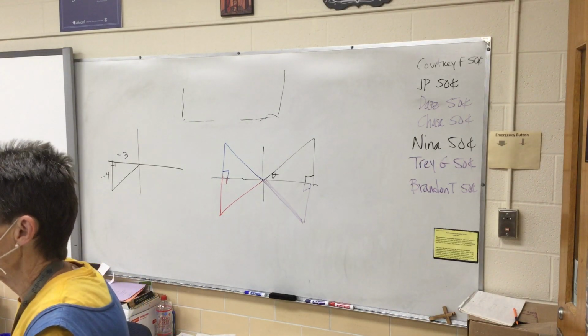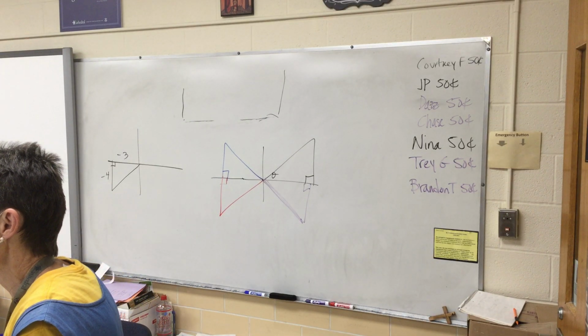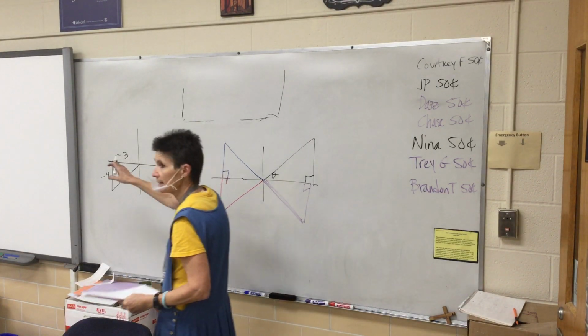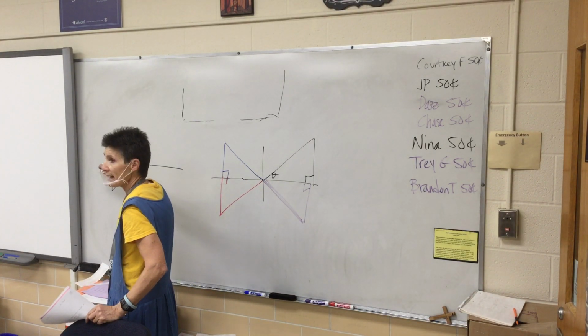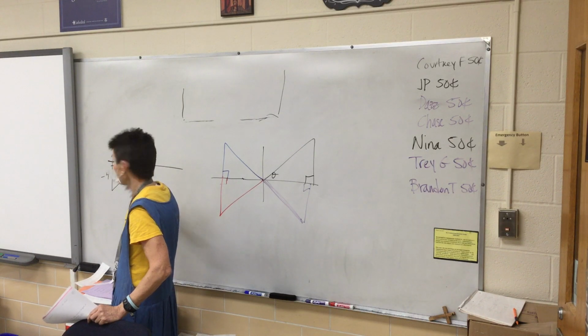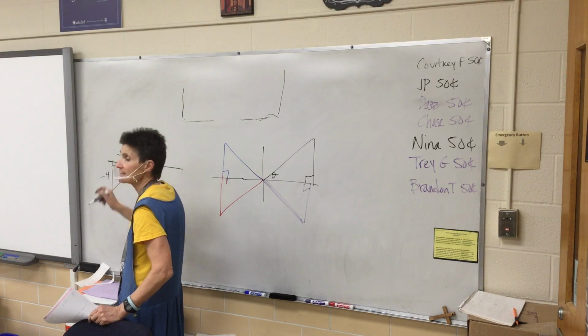How do you know that you put the -3 and -4 in those two spots? Because this is a regular coordinate plane. Isn't this way x and this way y? So when the point is -3, -4, x is -3 and y is -4.